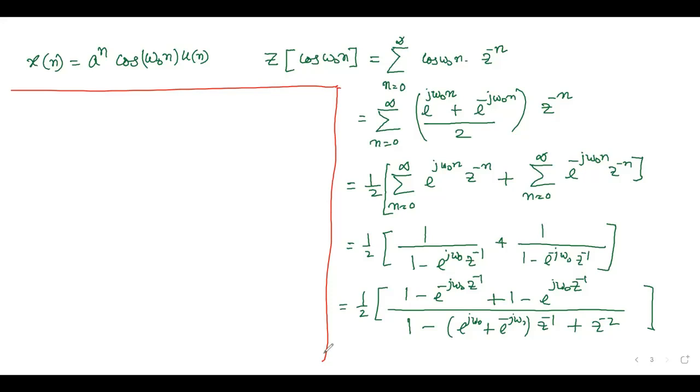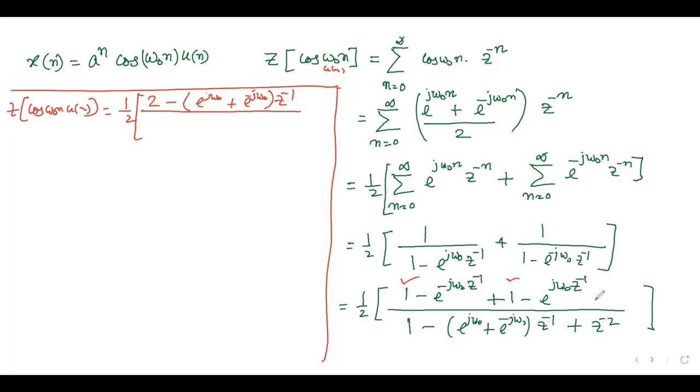So we can write the z transform of cos omega 0 n un is equal to half, this is 1 plus 1, 2, minus e to the power j omega 0 plus e to the power minus j omega 0, times z inverse.